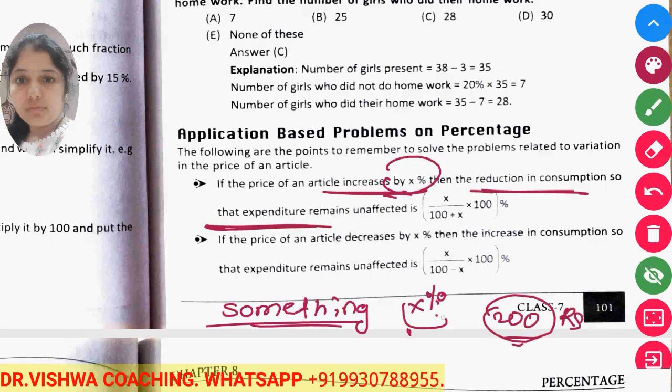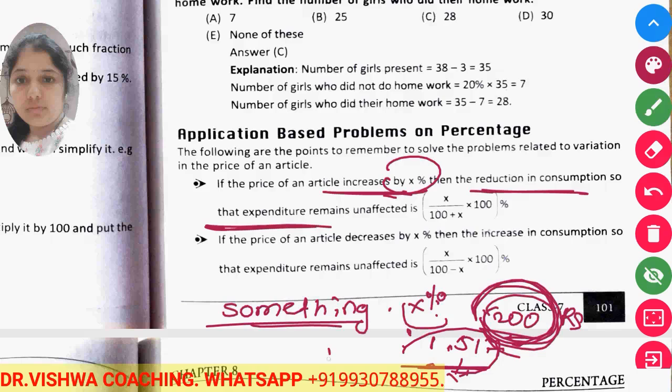Previously with 200 rupees, I could fill 1.5 liters of petrol. If the price is now increased, I don't want to increase the expenditure, which is 200. I want to keep it constant. So what I have to do is reduce the consumption of petrol.